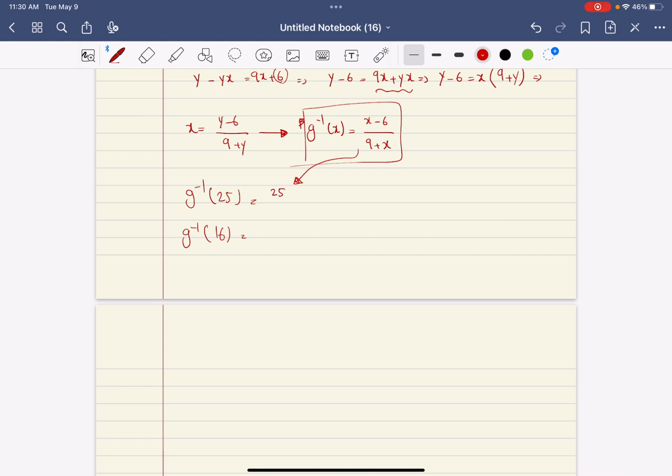It would be 25 minus 6 over 9 plus 25. This part would be 16 minus 6 over 9 plus 16. So the upper part would be 19 over 34. The lower part would be 10 over 25, or 2 over 5, or 0.4. So these two are the answers.